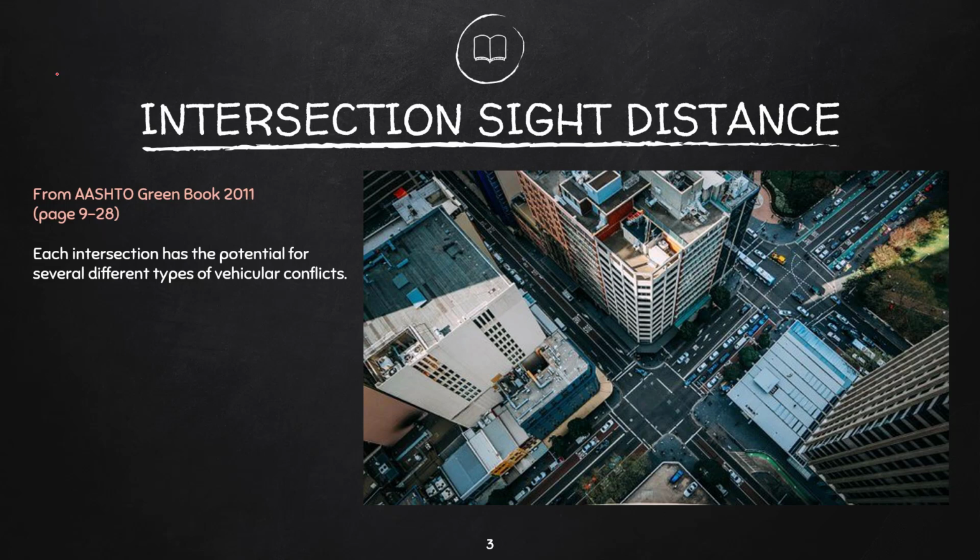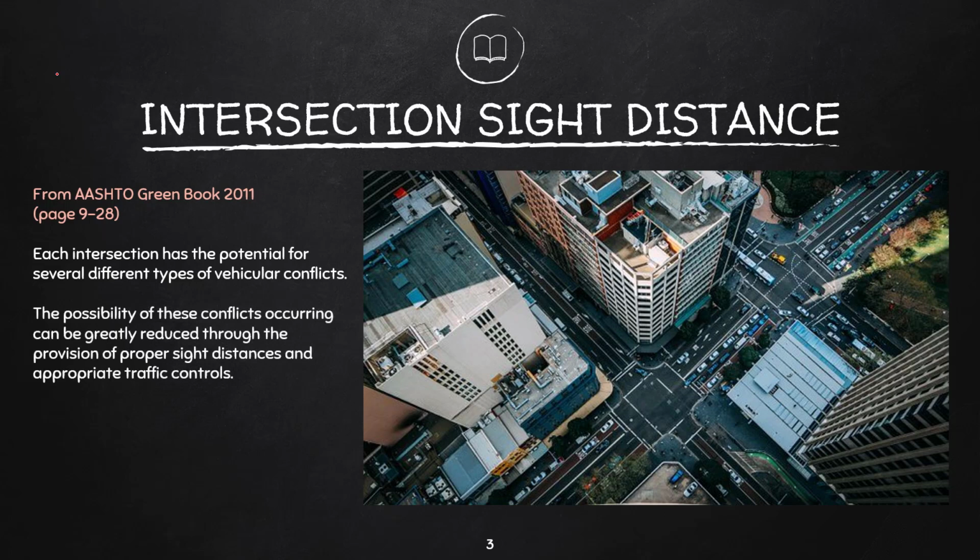There are also a lot of traffic elements, pedestrians, that may contribute to the traffic noise. So we need to provide intersection sight distance. The possibility of these conflicts occurring can be greatly reduced through the provision of proper sight distances, that's what I've mentioned, these intersection sight distances, and appropriate traffic controls.